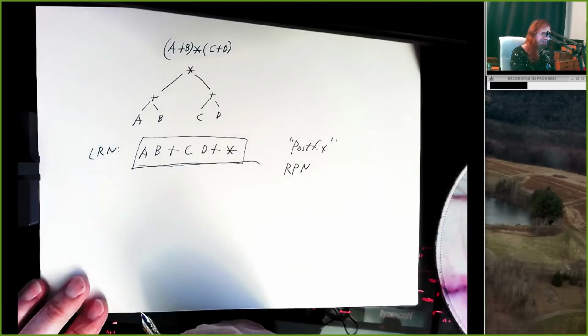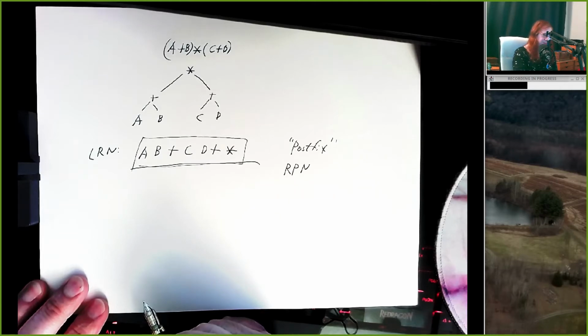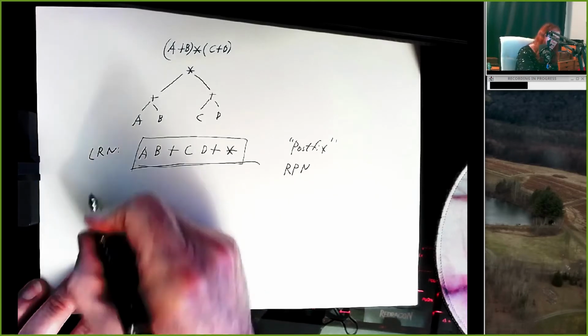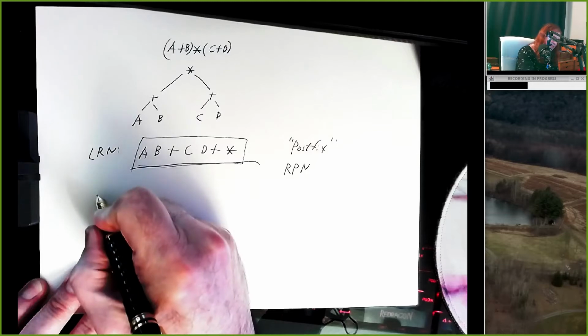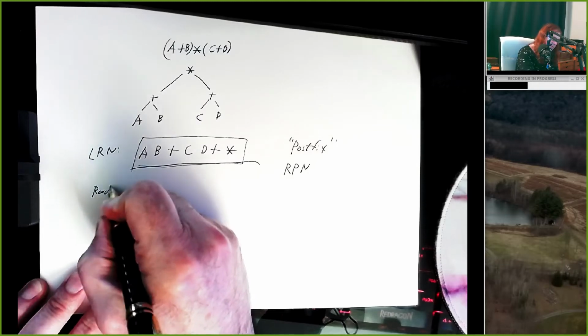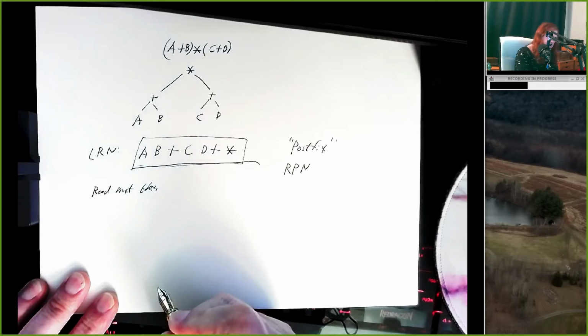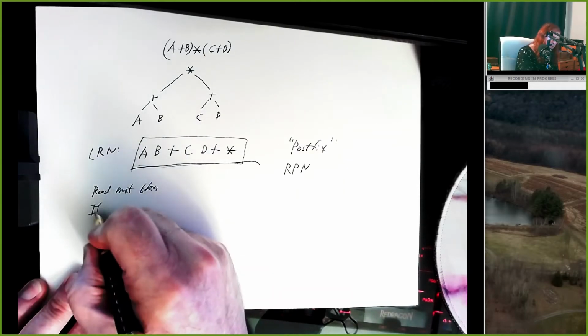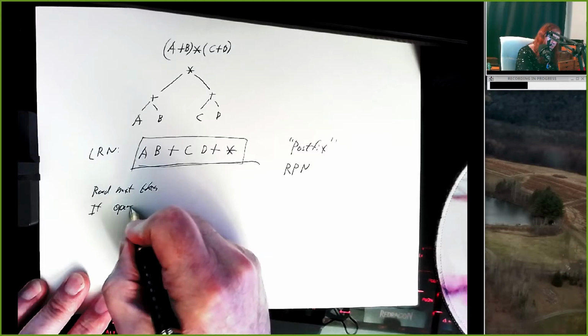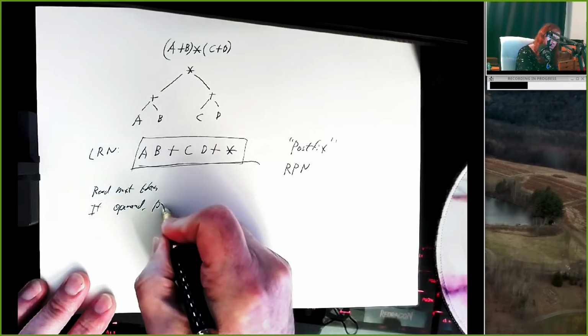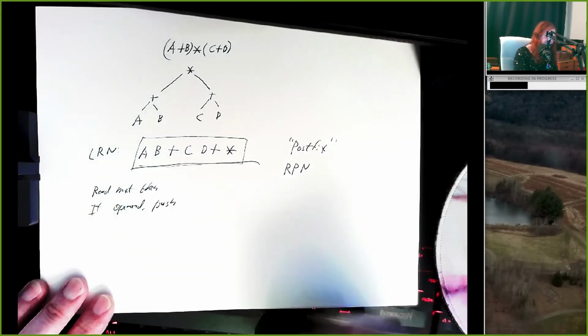So how do we evaluate this with a stack? We have a little algorithm, which works like this. Read next token. If it's an operand, push it onto the stack.